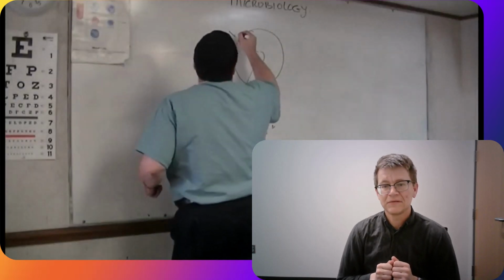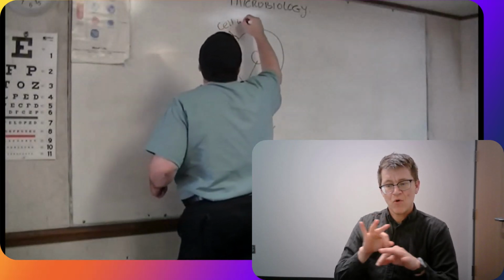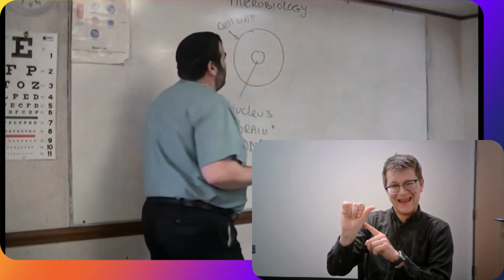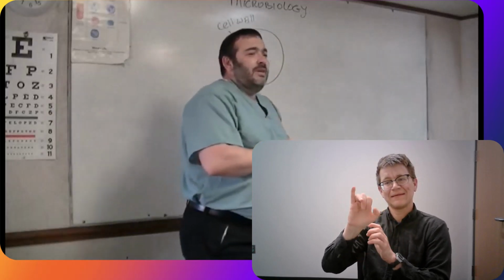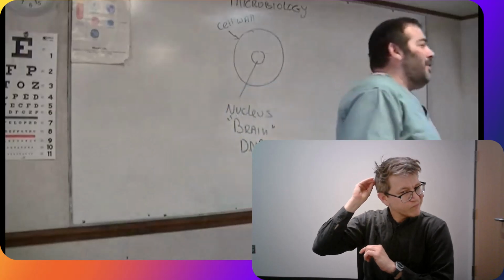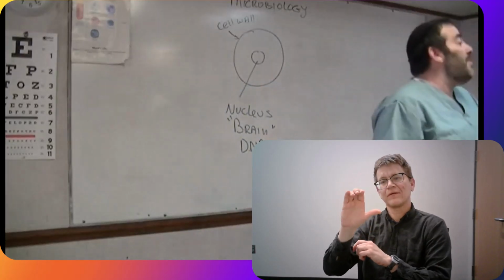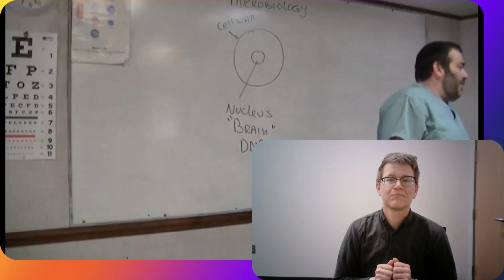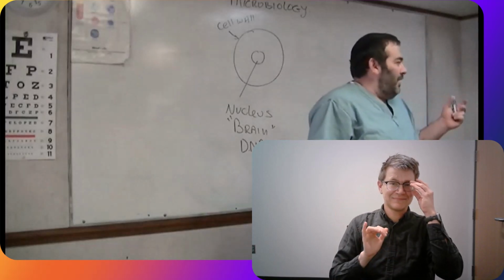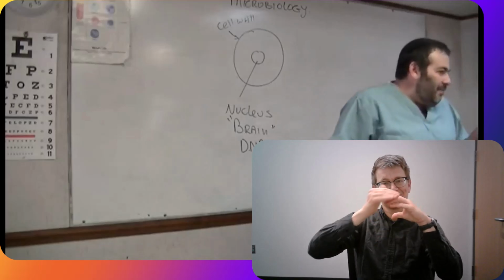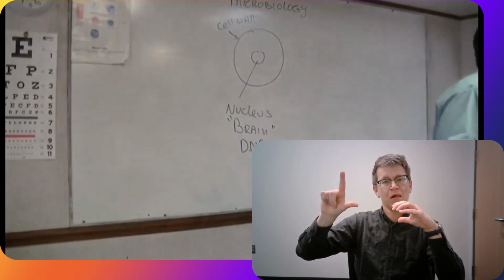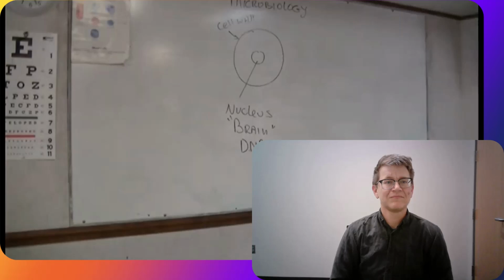Now, this is a cell wall right over here. The cell wall is what they call a semi-permeable membrane. You don't need to know that for the exam. I'm just throwing out the word semi-permeable. Semi means part or half, and permeable means permit.